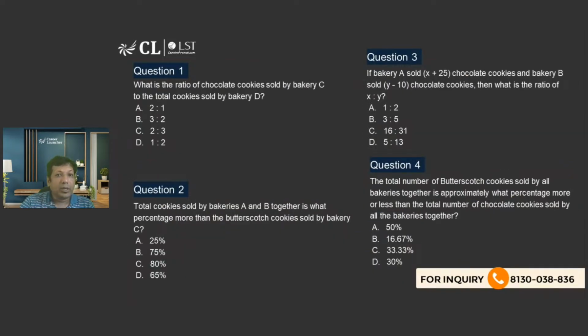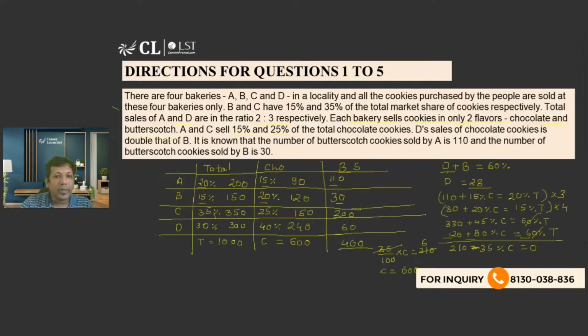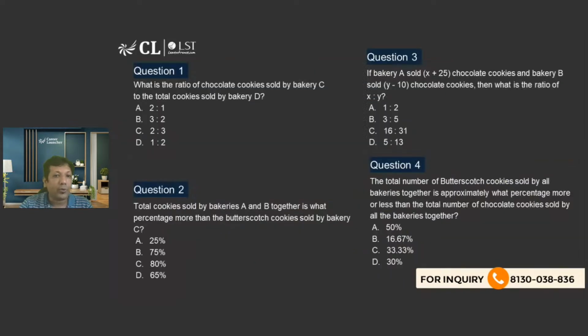Oh, so chocolate cookies sold by C is 150 and total cookies sold by D are going to be 300. So basically I would say that is going to be 150 to 300 and answer comes out to be 1:2. That is option D.